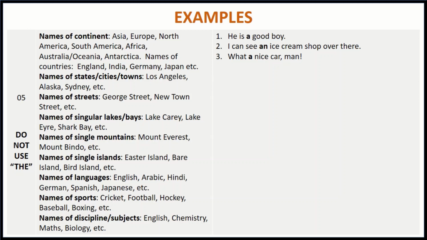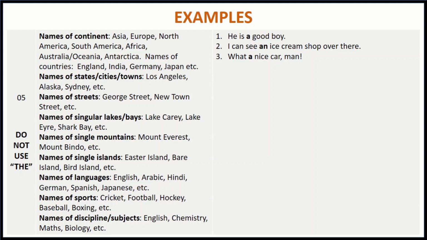It's not important to use the for specifying it. For example, Asia is something which in itself is independent. We don't need the to specify it. It's already specific when we say Asia. Fine, it's a continent. We can figure it out.